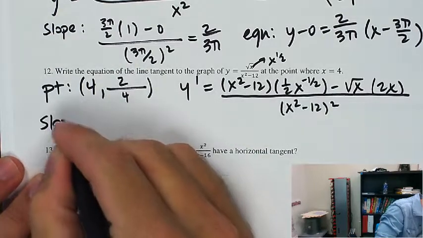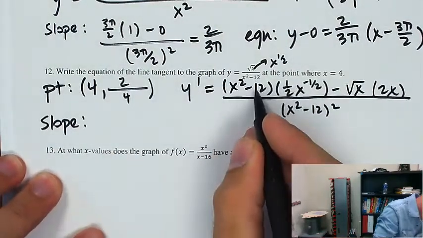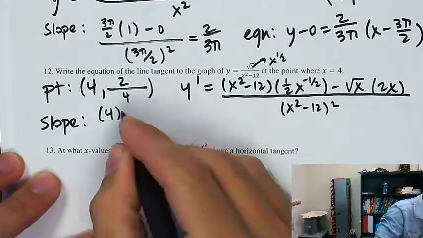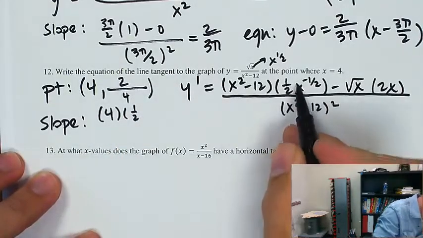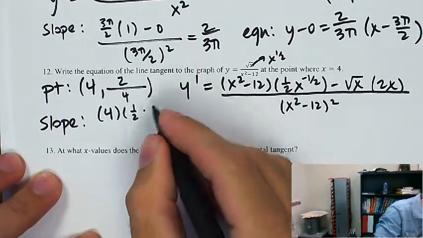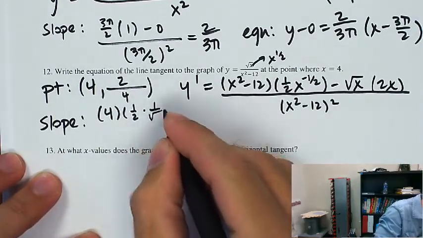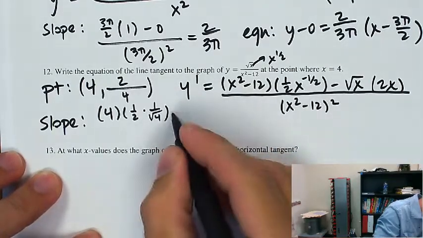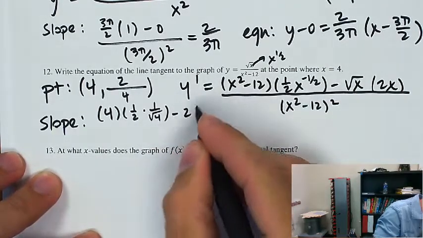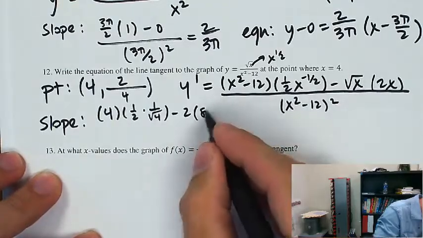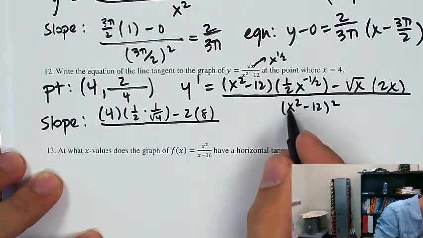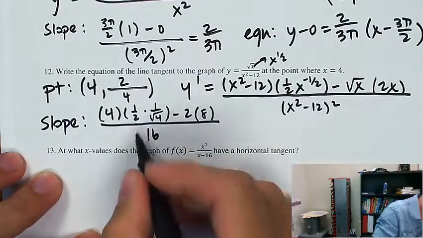All right, slope is x squared minus 12, which is again 4, still 4, times 1/2 times x to the negative half. Well, x to the negative half is 1 over the square root of x, so that'll be 4 like that. Minus the square root of 4, which is 2, times 4 is 8, divided by 4 squared, 16 again.